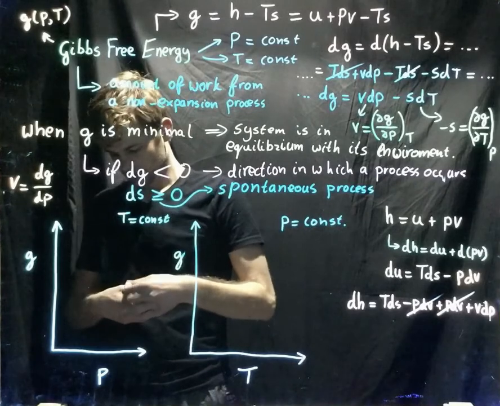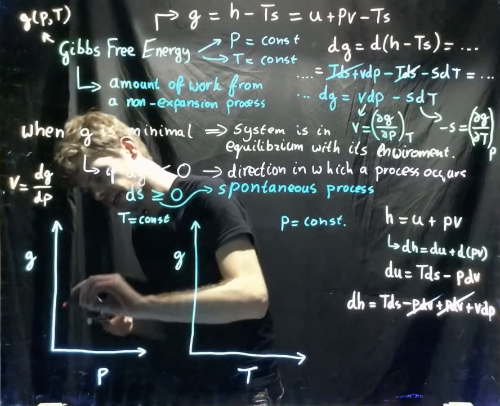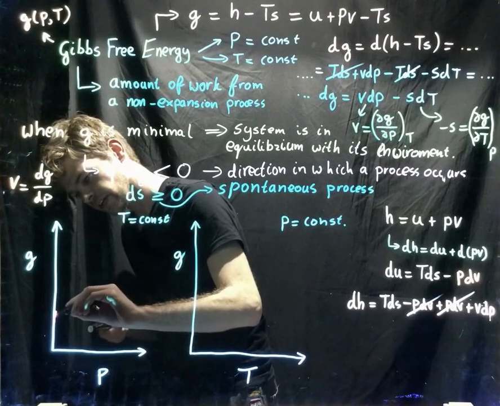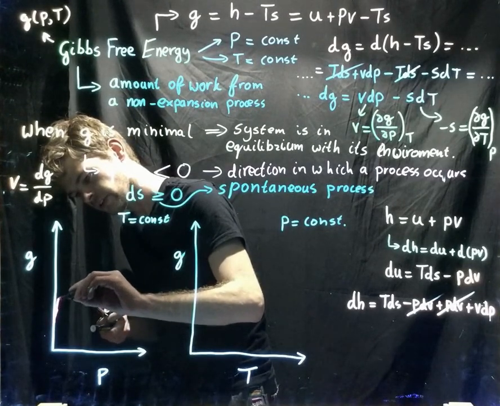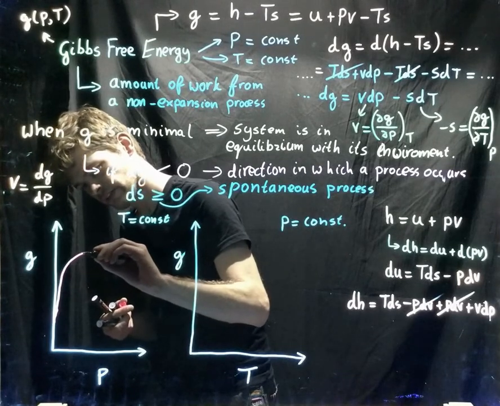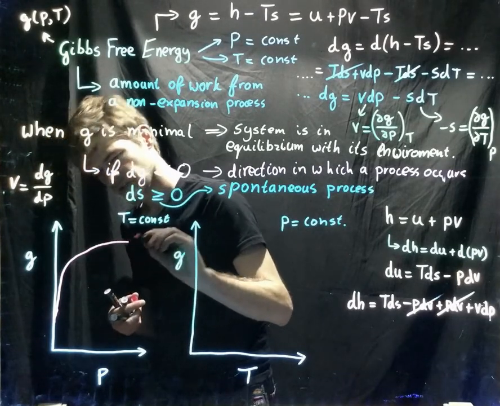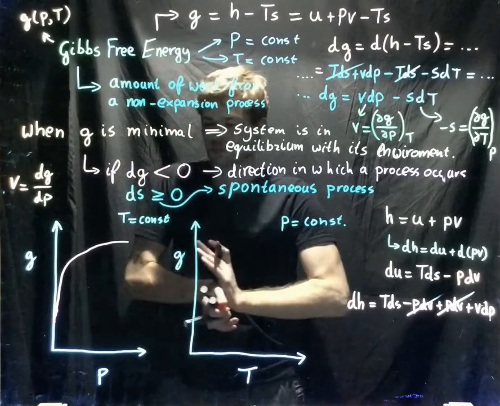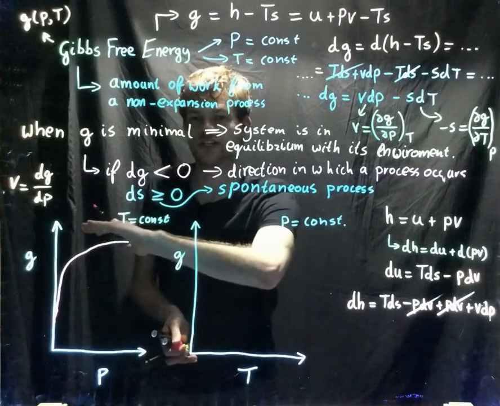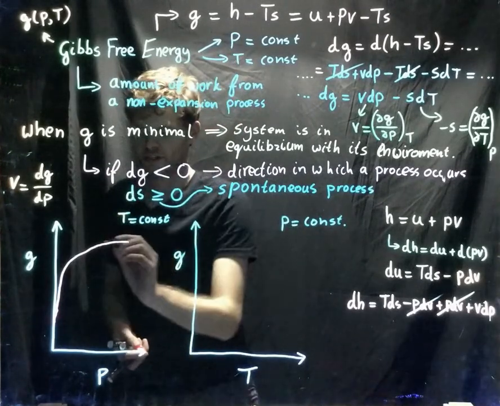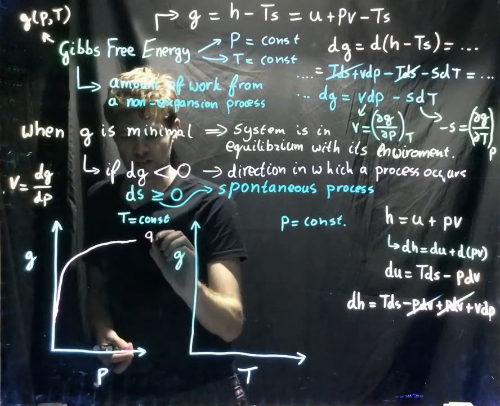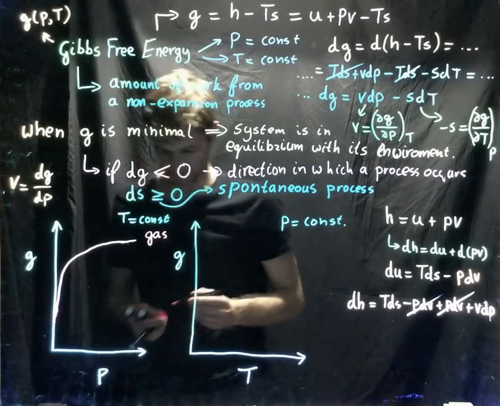So from somewhere over here, I will have a very steep increase of Gibbs free energy, and it will slightly decrease. And at a very high pressure, of course, my gas will be very compressed, so the volume will be very small, so the rate of change will be very low. So in the end it will converge to a constant value. And this is for a gas. So in the gas phase.